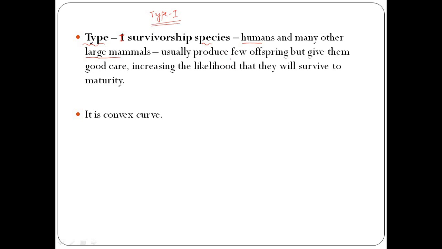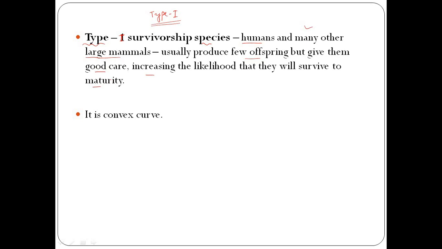Why? Usually they produce few offspring. Humans and other advanced mammals give birth to few offspring, but give them good care, increasing the likelihood that they will survive to maturity. So they show strong parental care. That's why the offspring get good care and good nourishment, so they survive a long life.